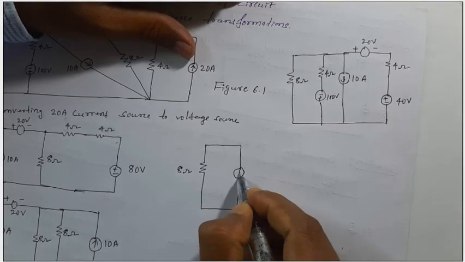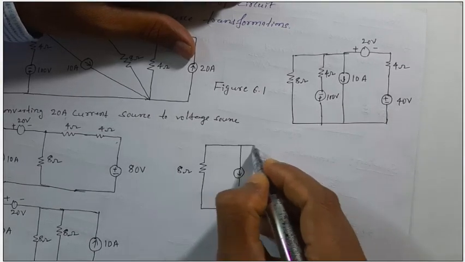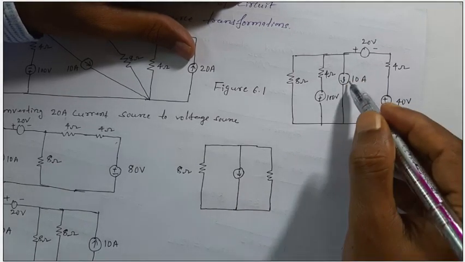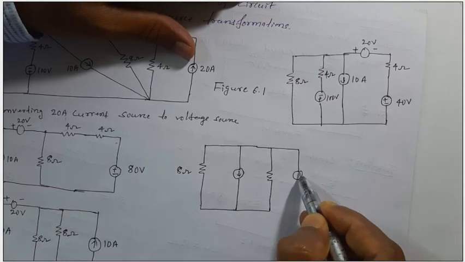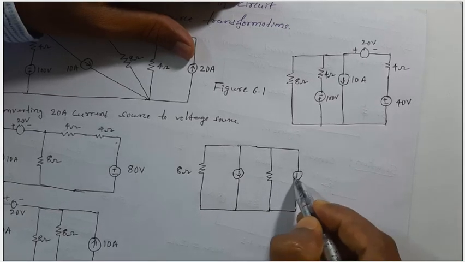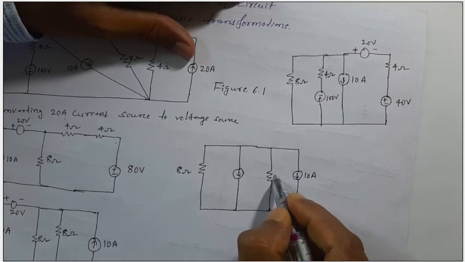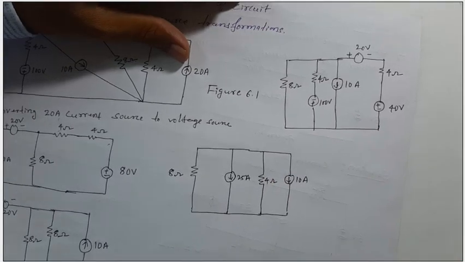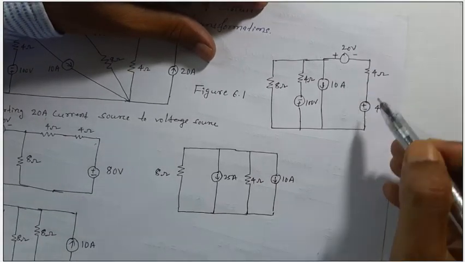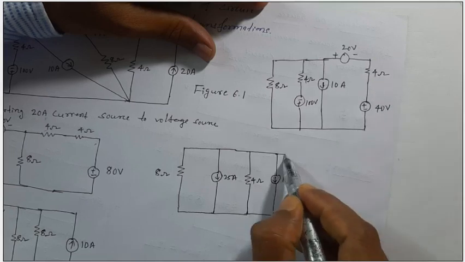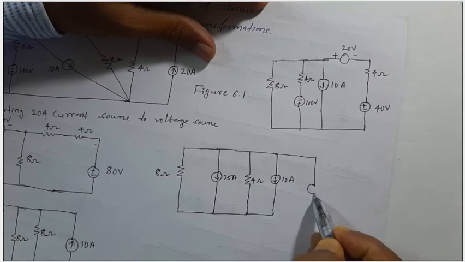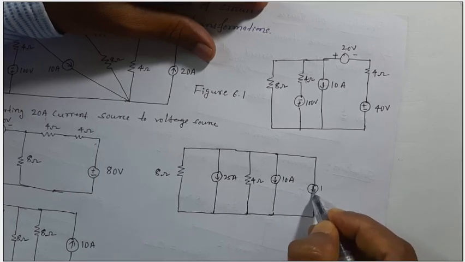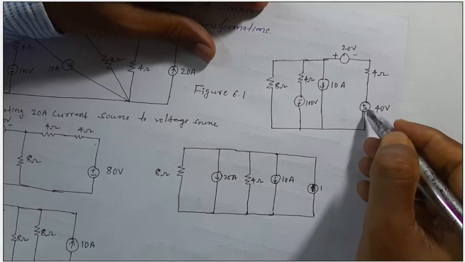plus is downward, so the arrow mark will be downward, and this 4 ohm resistor now will come in parallel with this, and now this is a 10 ampere current source, and this one is 4 ohm, this is 25, 100 by 4 is 25 ampere, and this, dear students, 20 plus 40 is 60 divided by 4 is 15 ampere, but the current direction is upward because plus is upward.